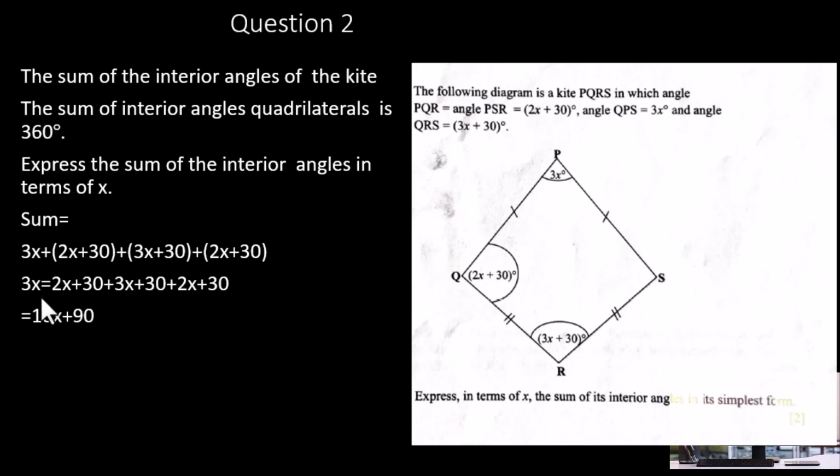We have 3x plus 2x plus 3x plus 2x, we get 10x. Then 30 plus 30 plus 30, we get 90. So we have been told to express in the form of x, and this is our answer for this question.